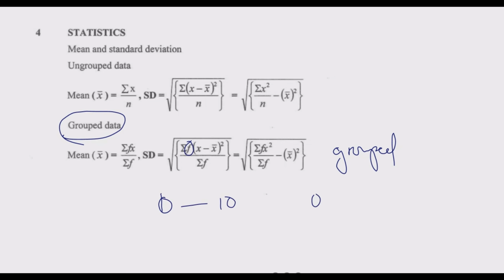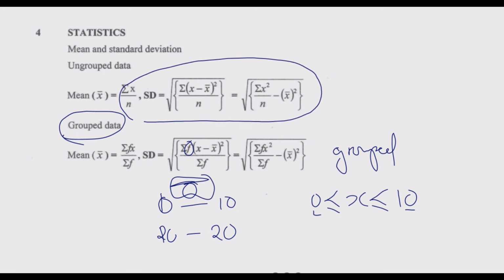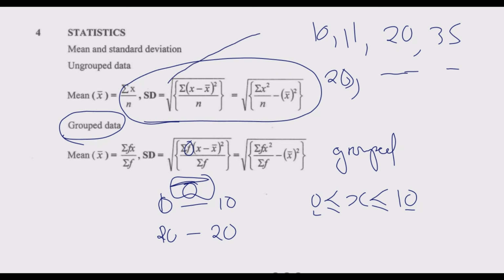That's why we're saying x is greater or equal to 0 but less or equal to 10. So these are included. Then of course we have 10 to 20. These are groups of plants measuring within that range. Then if you're given just individual data points, like for example 10, 11, 20, 35, even 20 if it appears twice, these are ungrouped data.